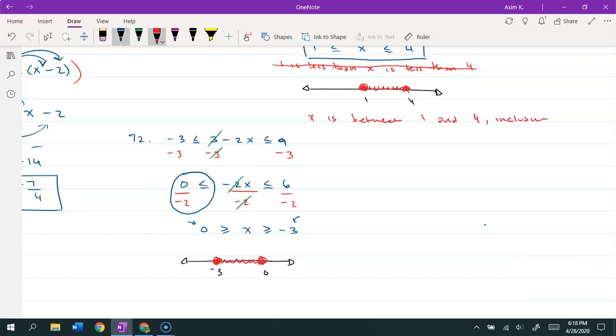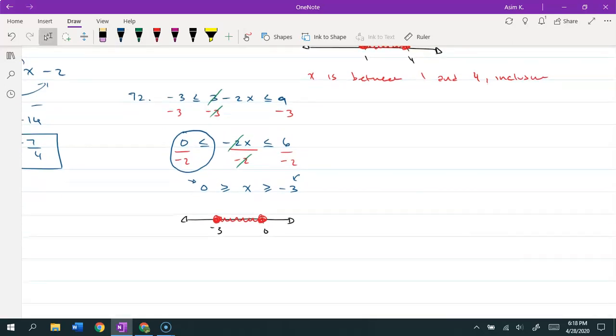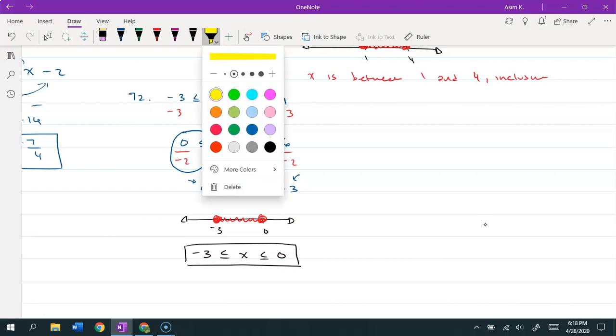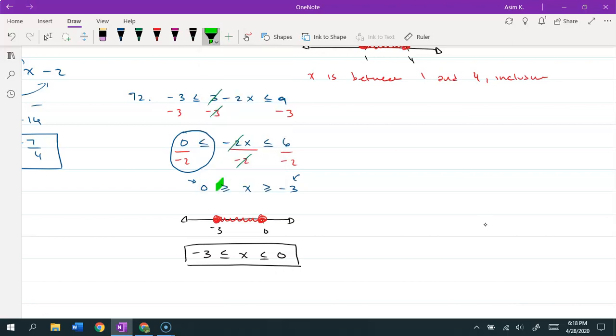But if you think about it, there is a better way to write that. You could have written negative 3 on the left side, then you put less than or equal signs, as we've been doing this whole time, and then x, then less than or equal to 0. So this is the more standard notation. All right? If you didn't see what I just did there, look, here it says greater than or equal to, greater than or equal to. That's not a very good way to say things.